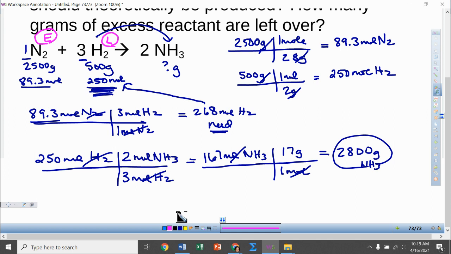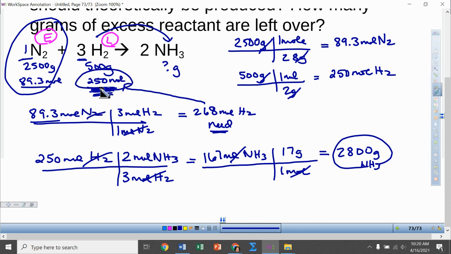How many grams of the excess reactant is left over? Now, the excess reactant is here. And I had 89.3 moles of it. So what I have to do is say, all right, well, this is a 3-to-1 ratio. The limiting reactant is going to tell me the product. The limiting is also going to tell me how much of the excess got used up, right?